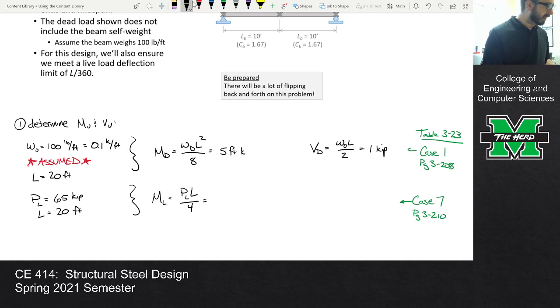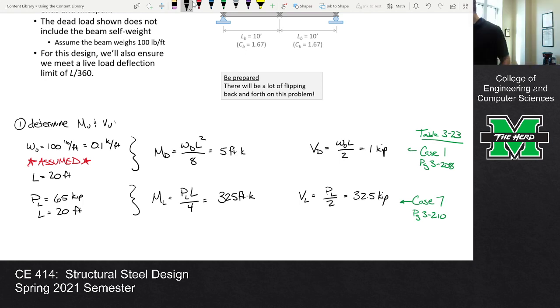PL over 4, so 65 times 20 over 4 ends up being 325 foot-kips. And then V live is just going to be P over 2, which is going to be 32.5 kips.